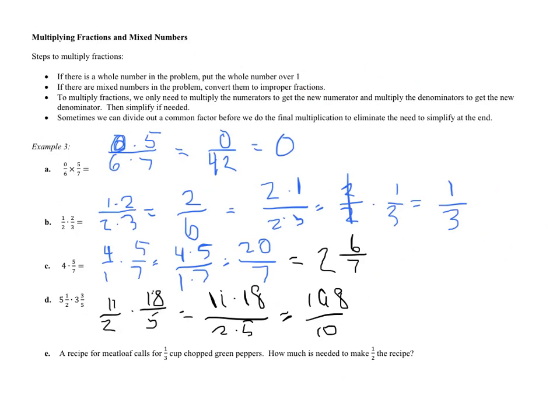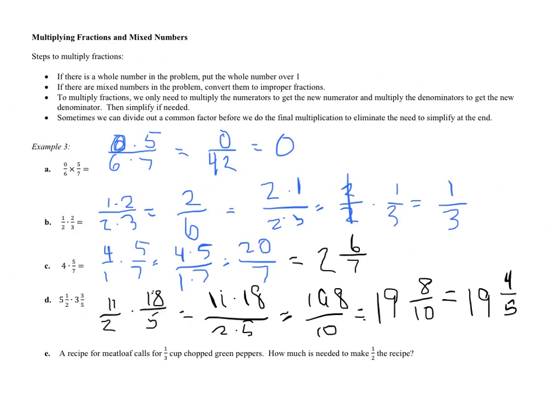Finally, we will convert this one back to a mixed number, especially because we were given mixed numbers, so we want to express our answer as a mixed number. 10 into 198 is 19 times, with 8 left over. So 19 and 8/10, which can then be simplified to 19 and 4/5. 8 and 10 both have a common factor of 2, and that's where that 4/5 comes from.